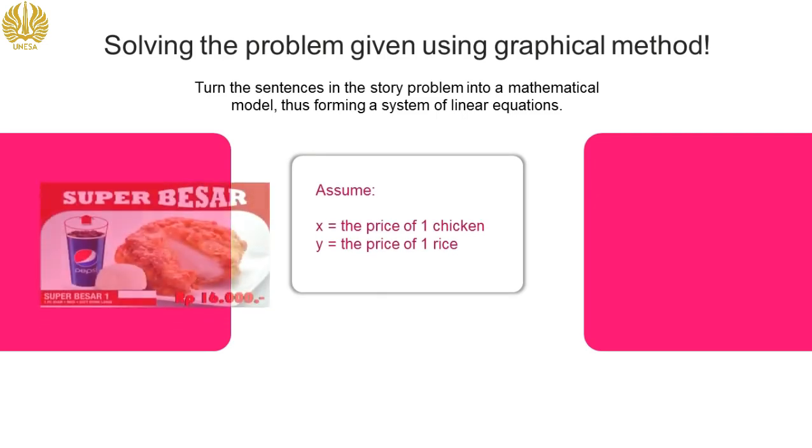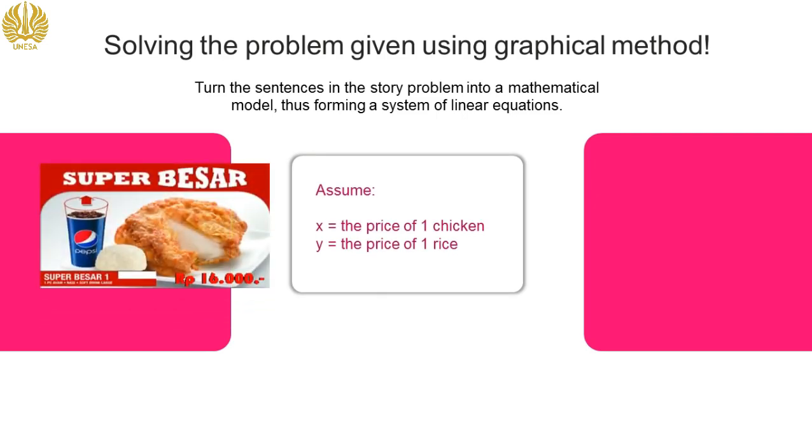So from the first promo, the super large promo, we get the mathematical model X plus Y is equal to 16,000 rupiah, because X represents a chicken and Y represents a rice.